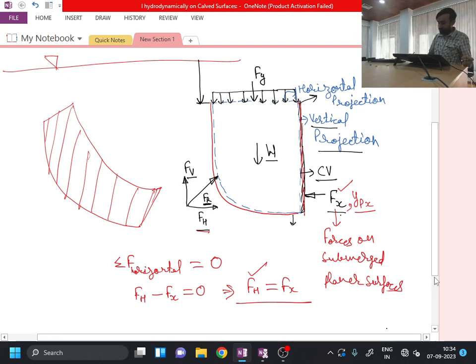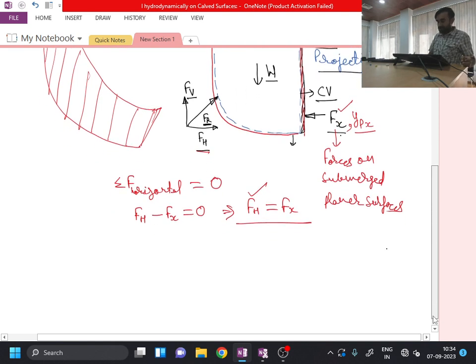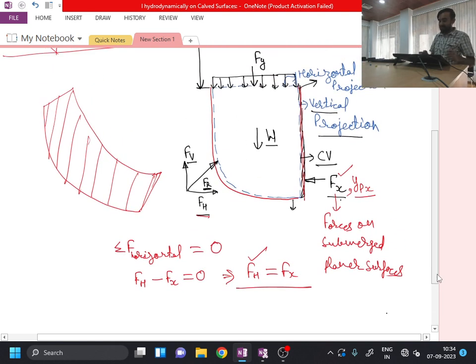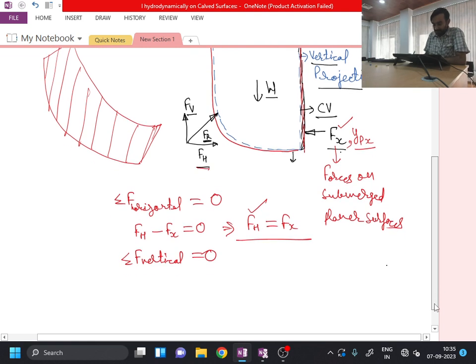Now let's talk about Fv. For determining Fv, I have to consider the force balance in vertical direction. So sum of all forces in vertical direction is equal to 0.